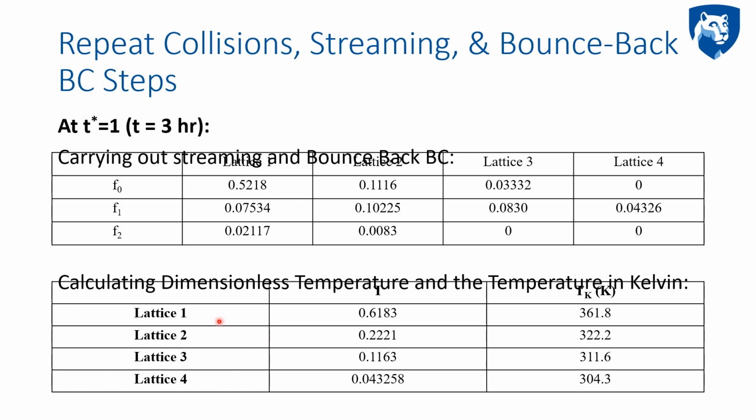So we can see that the heat has traveled to the last lattice in this particular example. So this should give you the idea of how this method, the lattice Boltzmann method, actually works to solve this particular heat diffusion problem.